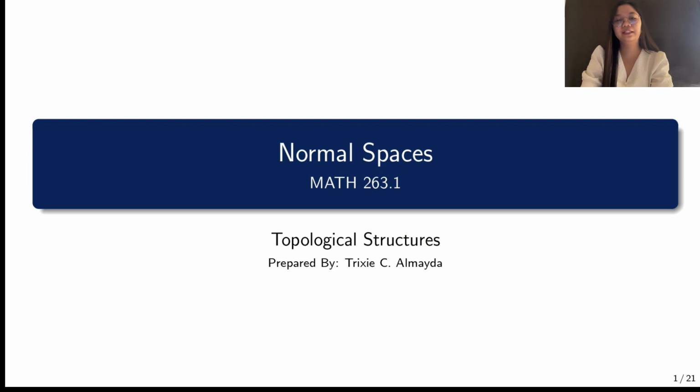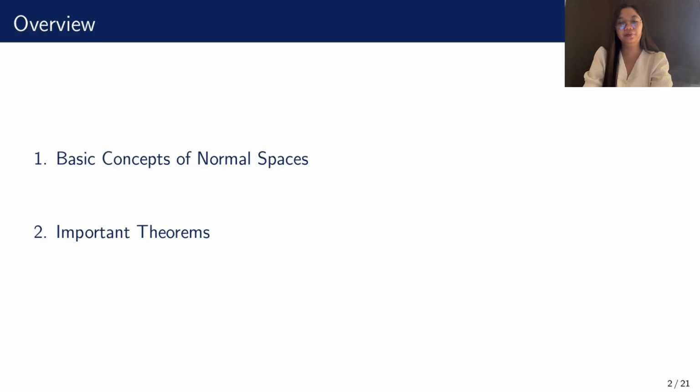Okay, so for the outline or the overview, I have two sections. The basic concept of the normal spaces, and the second one is the important theorems. For the basic concept, I have included the definitions of the countable basis, Hausdorff, regular, and then of course the definition of the normal spaces.